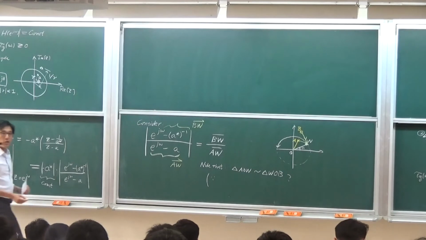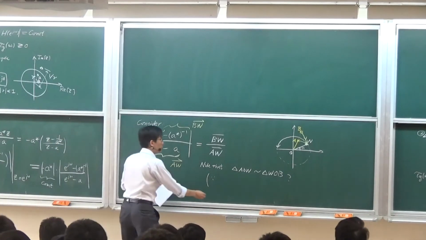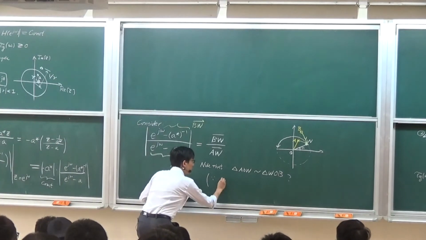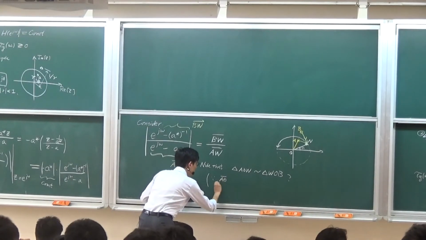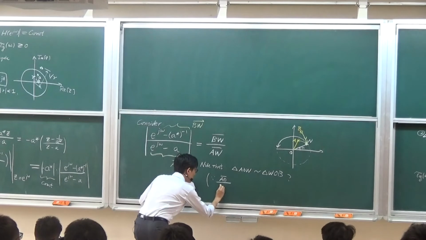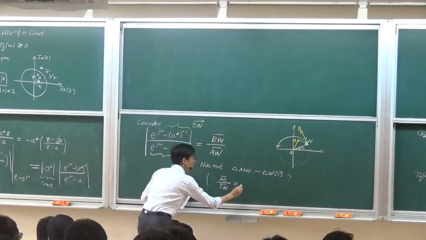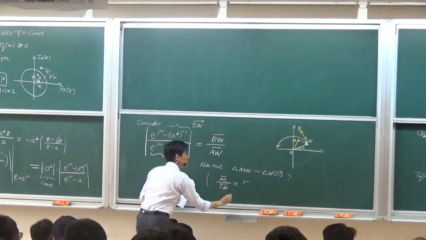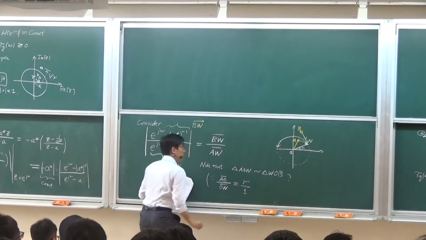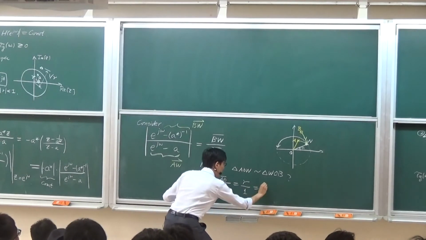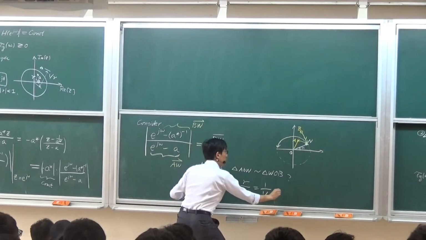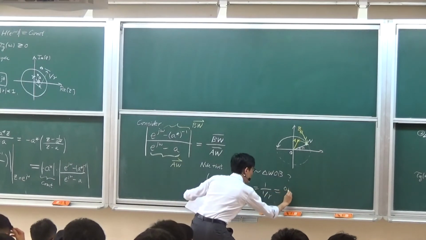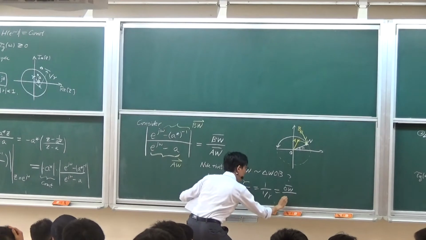Because the ratio of the sides AO divided by OW is R divided by 1, which is equal to 1 divided by 1 over R, which is OW divided by OB.